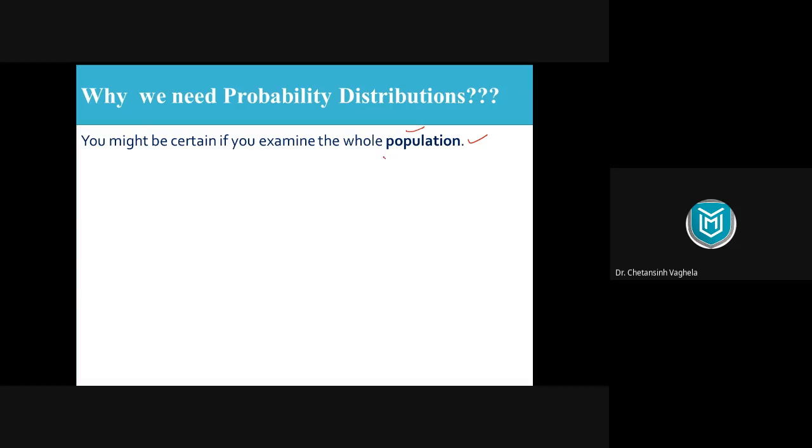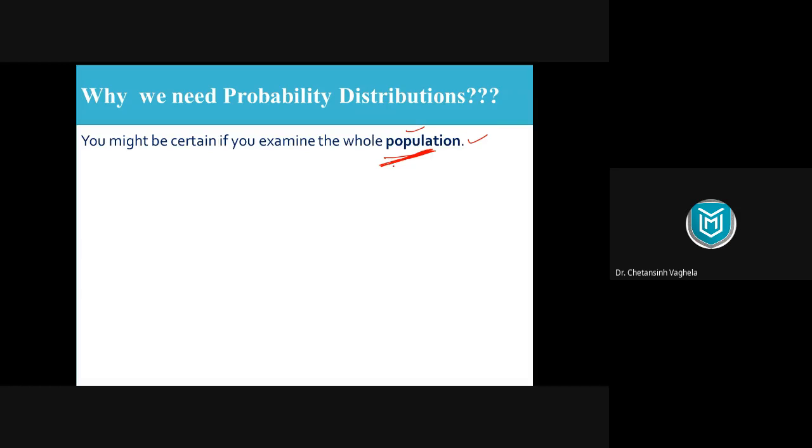But as I said that we are not gonna deal with the entire population. हम कभी भी entire population के साथ बात करेंगे ही नहीं, because it is not convenient, not time consuming. It's quite big, quite time consuming, even it is not convenient economically.